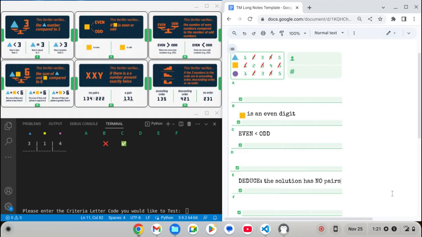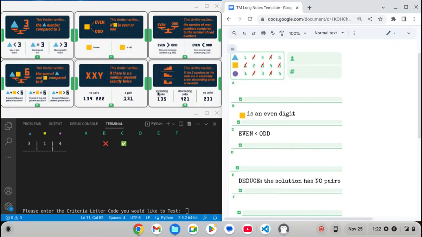Can we also make the other argument that if it's descending, it would have no pairs, right? Because remember, ascending and descending, they're either ever increasing or ever decreasing, never paired up. So I think you can even say that if it's ascending or descending, it would mean that there are no pairs, making this card irrelevant.